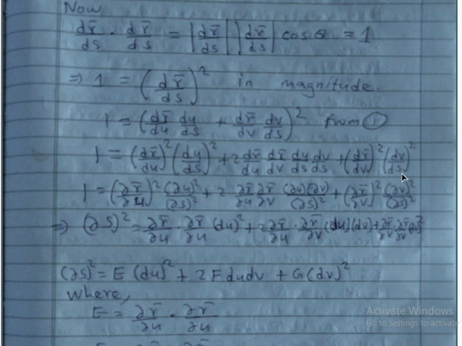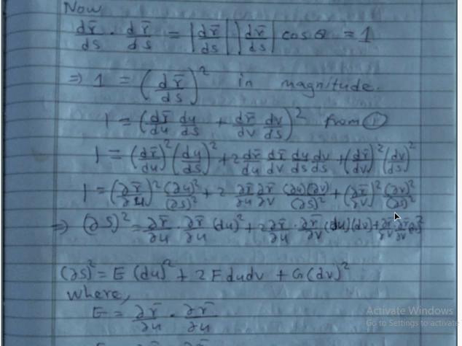In other words, we can say that 1 is the same as the square of the partial derivative of r with respect to u times the square of partial u divided by the square of partial s, plus twice the partial derivative of r with respect to u times the partial derivative of r with respect to v times partial u partial v divided by the square of partial s, plus the square of partial r partial v times the square of partial v divided by the square of partial s.